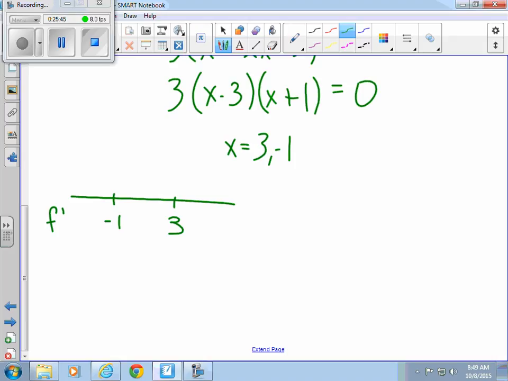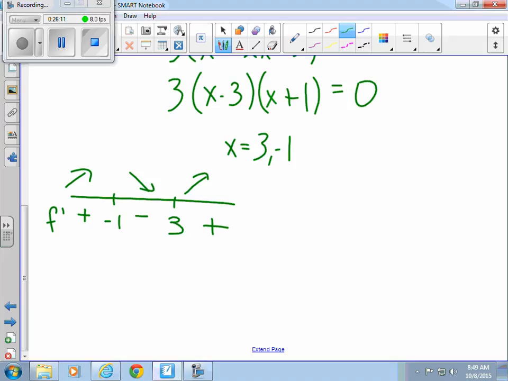I get a negative times a negative, which is a positive. Then between, a negative times a positive is a negative, and then a positive is a positive. So we are increasing, decreasing, and then increasing.